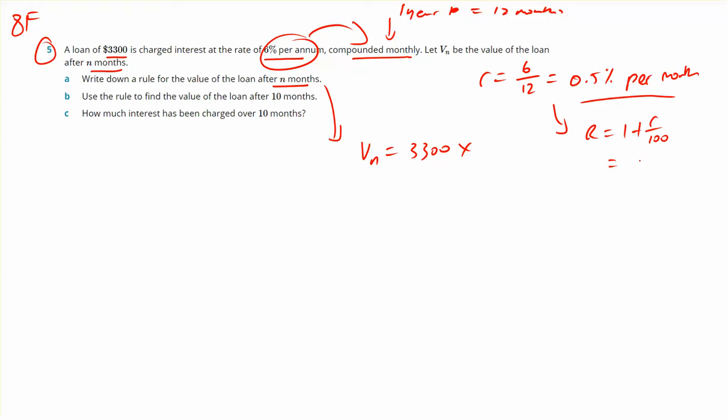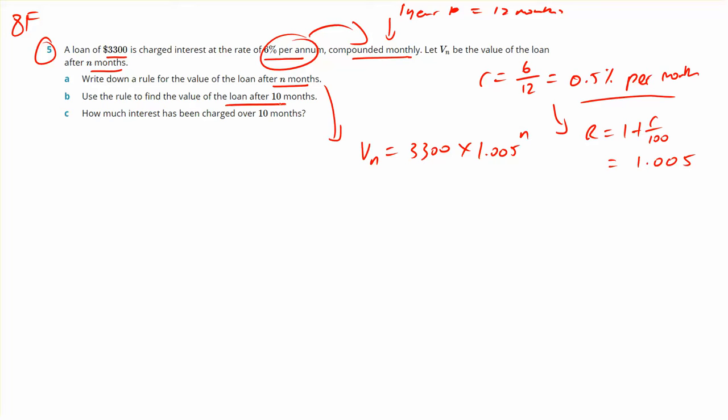If you enter that on your calculator, you should get 1.005. Okay, so you've got to be careful. So it's 1.005 to the power n.